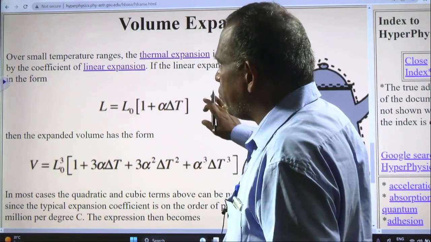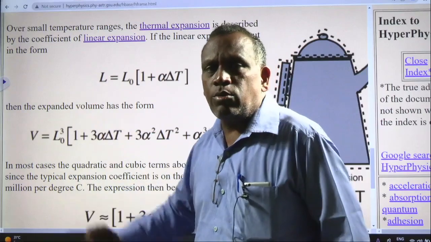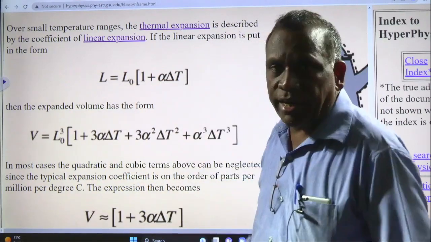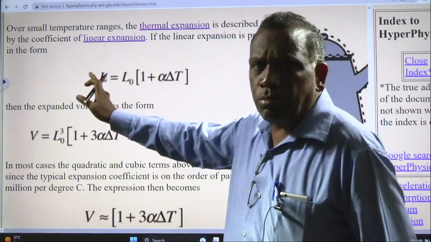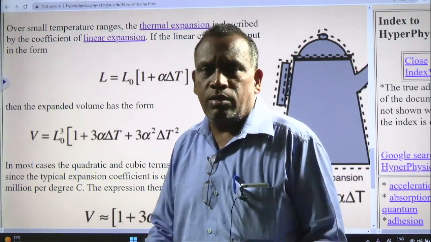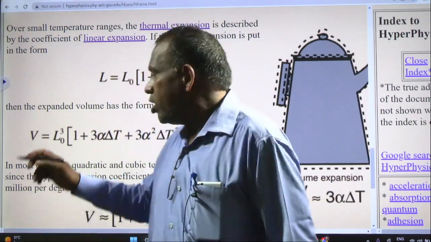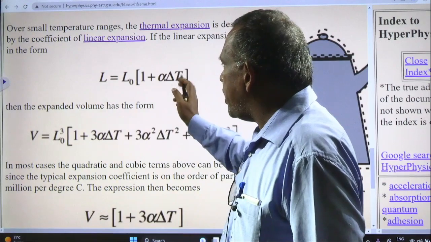In the case of volumetric expansion, initially the equation is L equal to L naught into 1 plus alpha delta T. If you cube both sides, L cube is nothing but volume, the volume of a cube, side into side into side. So volume is equal to L naught cube into 1 plus alpha delta T whole cube.